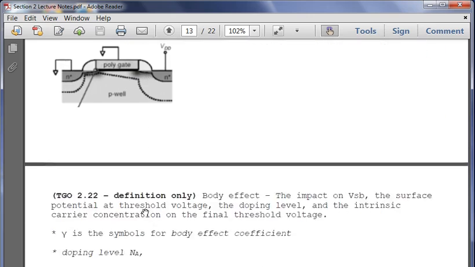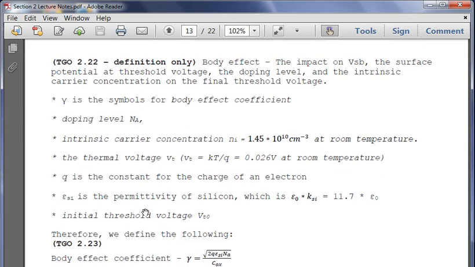So we're going to talk about this concept called the body effect, which we are going to formally define as the impact of source body voltage, the surface potential, the threshold voltage, the doping level, and the intrinsic carrier concentration on the final threshold voltage. So we have this initial threshold voltage, and then we have our intrinsic carrier concentration.